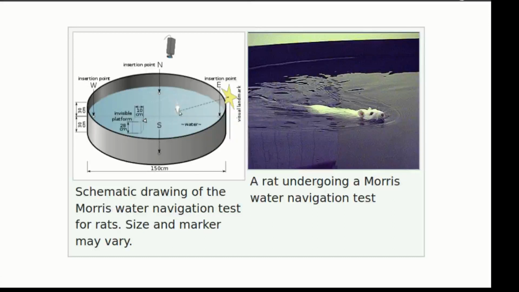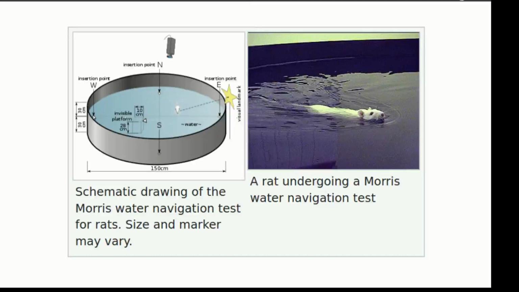They place a rat into this pool, and the rat has an incentive to find a platform which it can stand on, and it's placed every time at a different point in this pool. So the first time it's going to explore around, and it finds the platform.